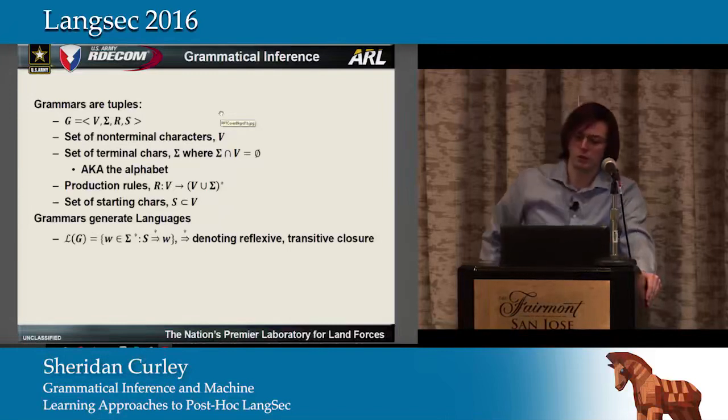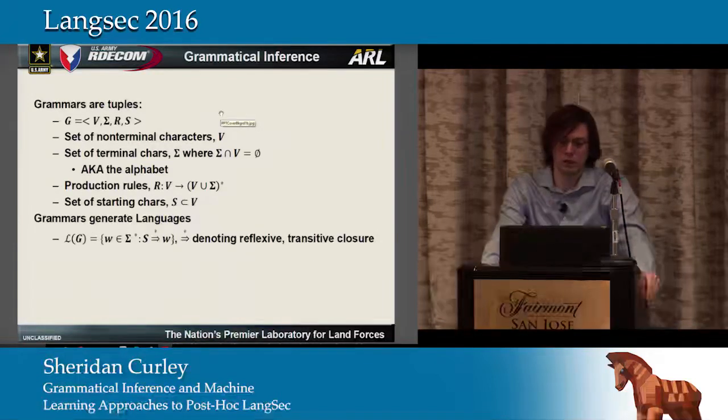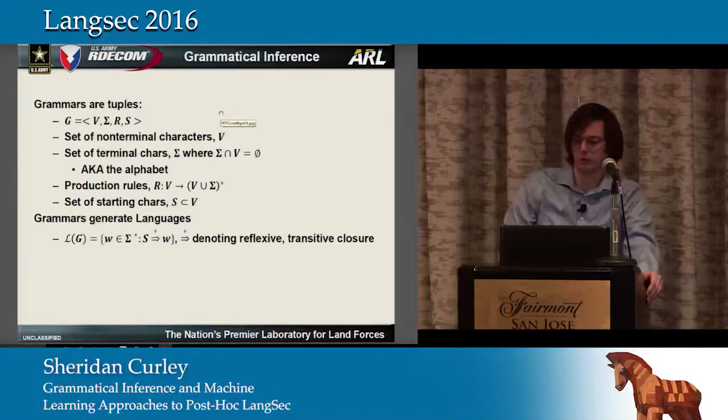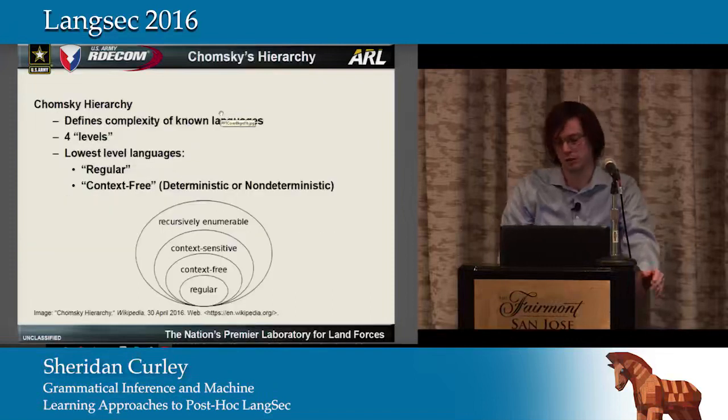And a set of starting characters, which will be a subset of the non-terminals. In general, grammars will generate a language, which here we're just going to use as the set of all words in all possible enumerations of the alphabet, such that you can reach those words by using the production rules and starting at one of the starting characters.